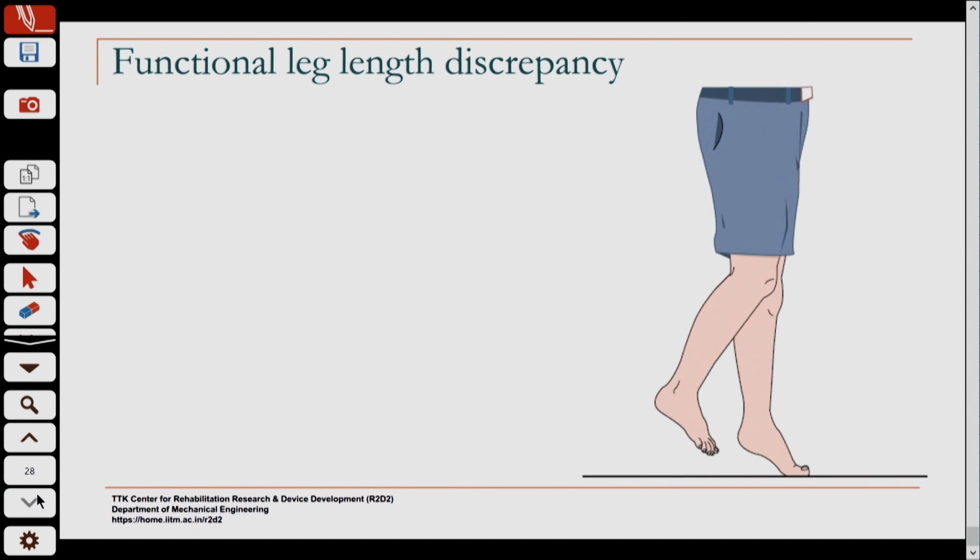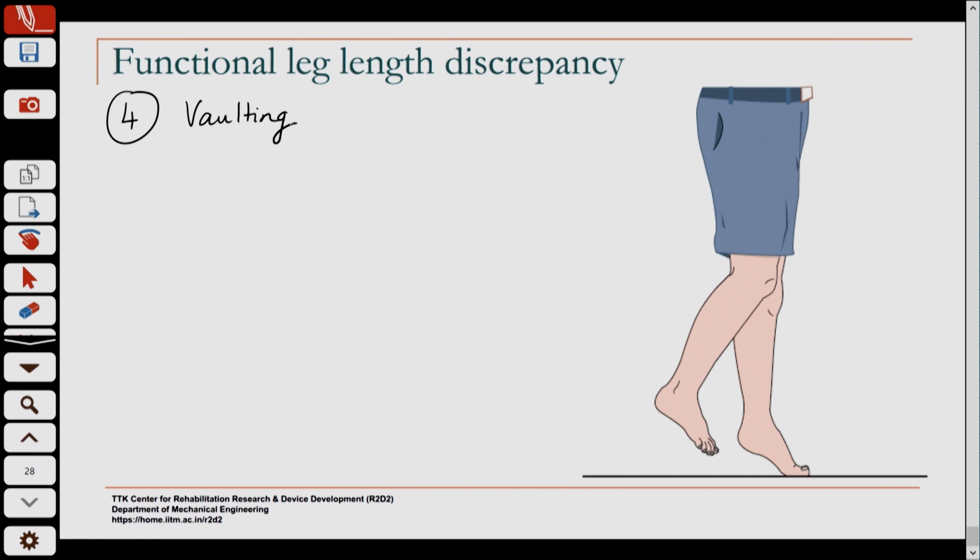The fourth strategy is called vaulting. They have a problem with shortening the swing leg, but they compensate instead by lengthening the stance leg more than they normally would.